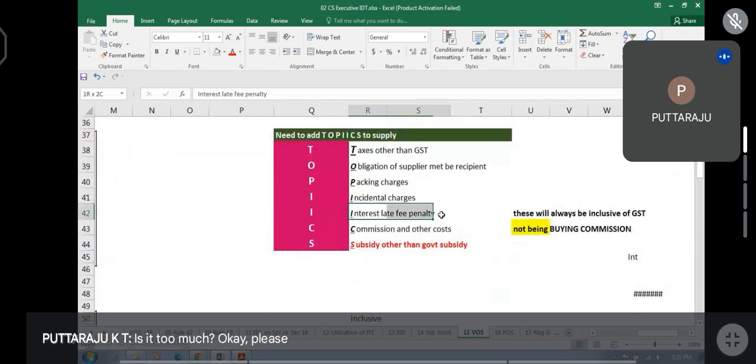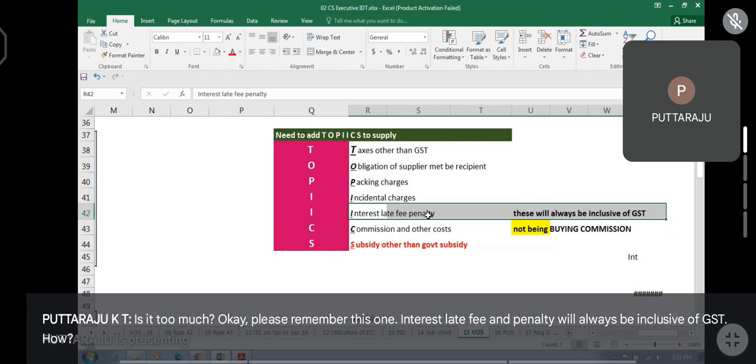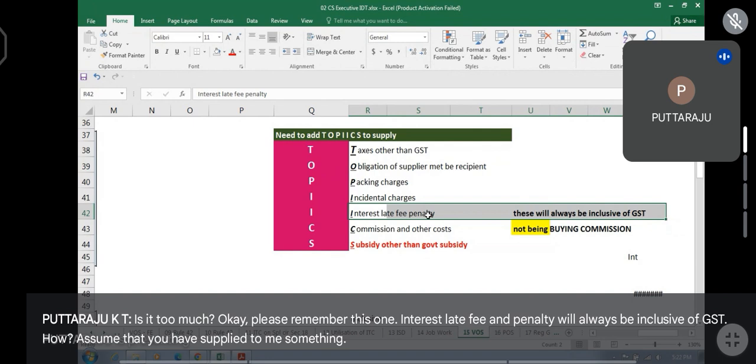Okay, please remember this one. Interest, late fee and penalty will always be inclusive of GST. How? Assume that you have supplied something to me and I am supposed to pay you within 10 days.